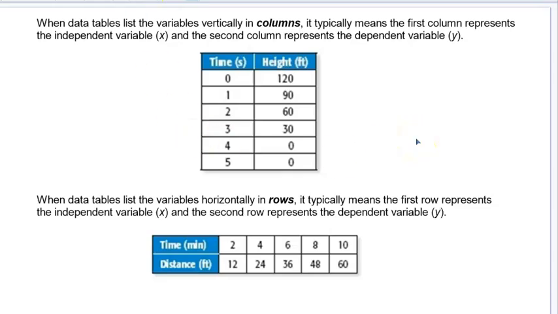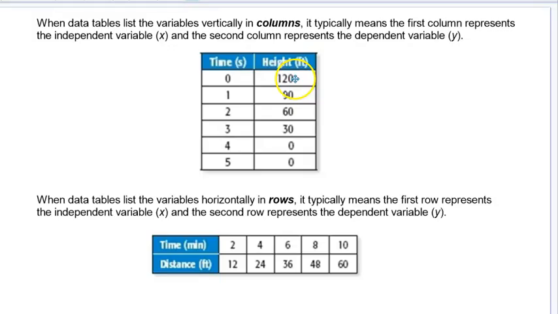So as we move forward, a lot of times we're going to be seeing data presented to us in table form. So when we see data in a table like this, where the data is organized in columns, then it's typical, I wouldn't say it's 100%, but it's pretty close, that the first column is going to be the input or the independent variable or the x value.